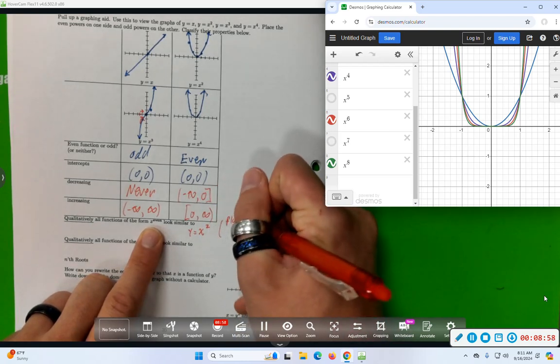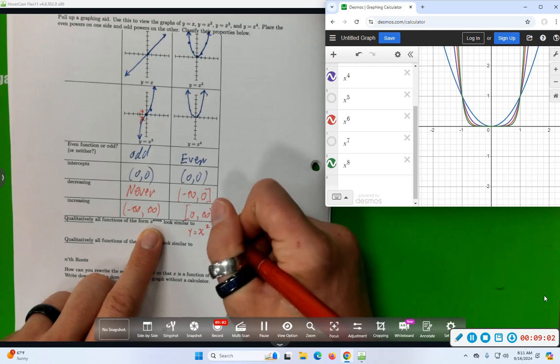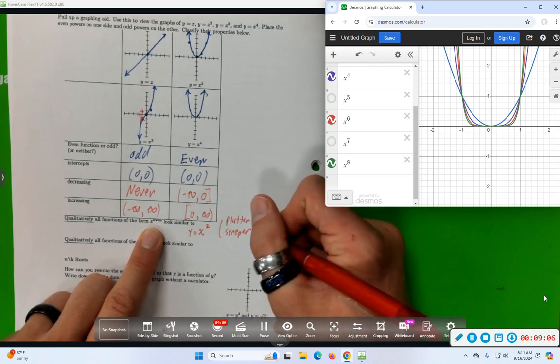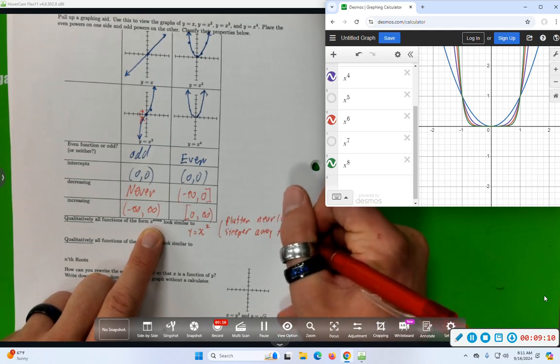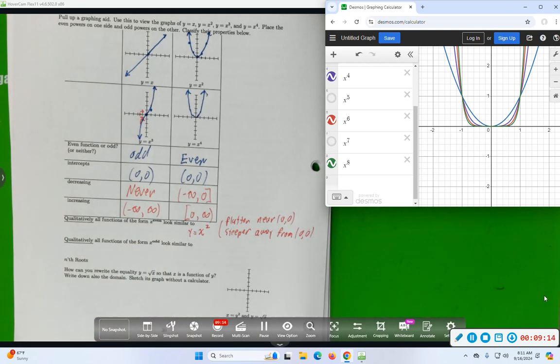Flat or near 0, 0, steeper away from 0, 0. That seem about believable?